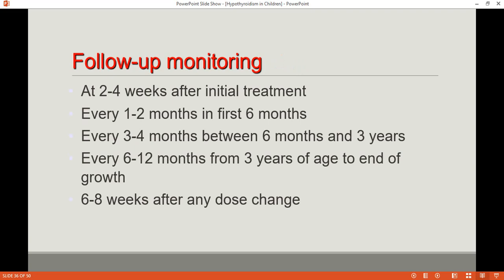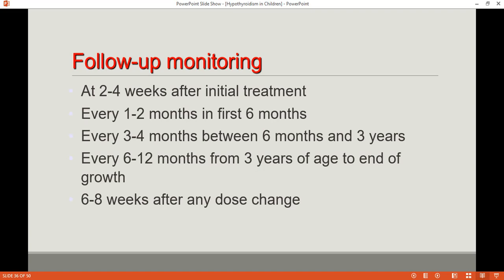The recommended follow-up is 2 to 4 weeks after the initial treatment, then every 1 to 2 months in the first 6 months, then every 3 to 4 months between 6 months and 3 years, and then every 6 to 12 months if the patient is stable. Sometimes we need to decrease the dose if there is a side effect.